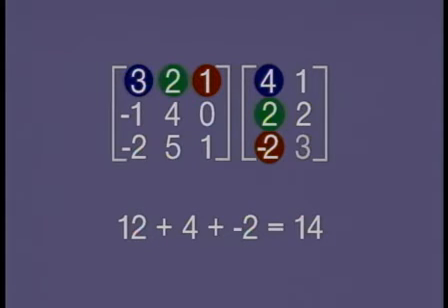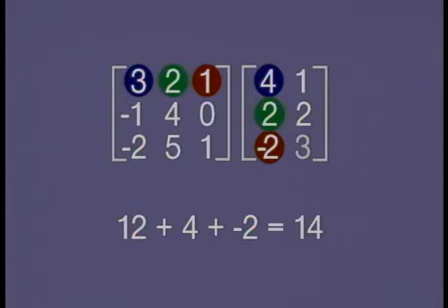The way we multiply two matrices is to multiply a row in the first matrix by a column in the second matrix. Add up the terms we've multiplied and put that in a particular location in the answer matrix. So when we multiply the first row of the first matrix by the first column in the second matrix, the answer goes in the first row, first column of the answer matrix.